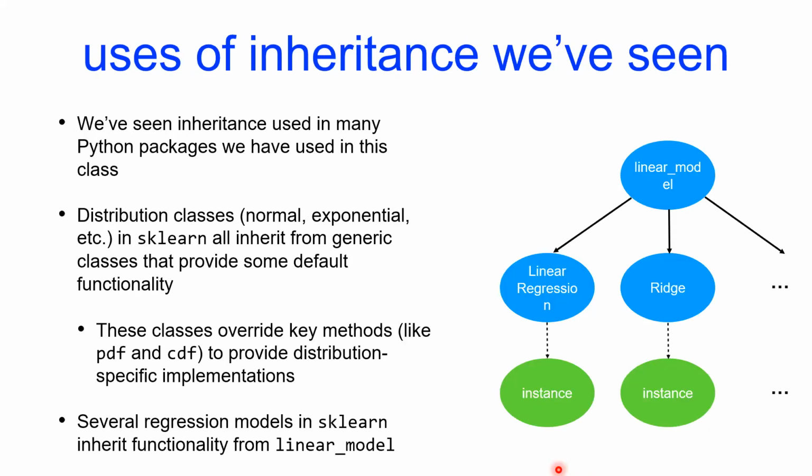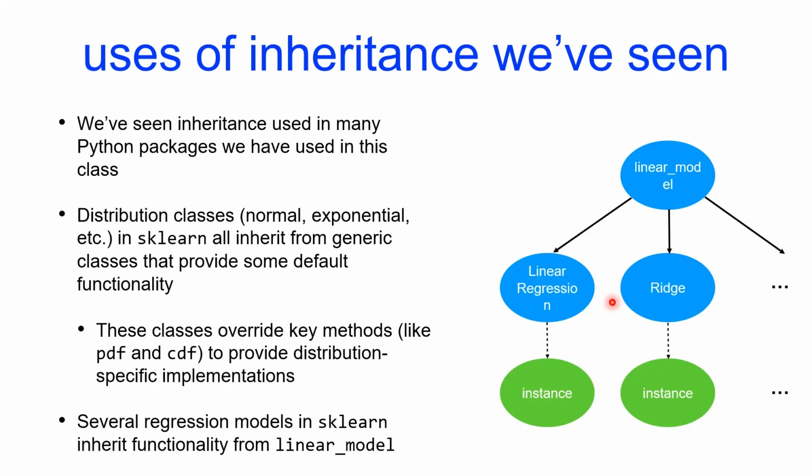The uses of inheritance, we have seen. For example, each time we import from sklearn or from a couple of libraries we have used, I believe we have something like a linear model, and actually the linear model is inherited by linear regression and ridge regression.